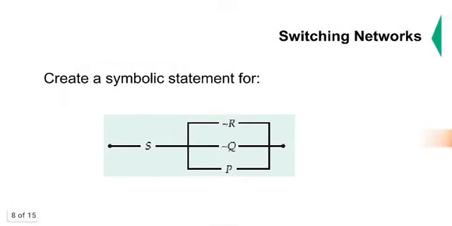Okay, let's have more. Let's transform this network into a symbolic statement. You can see here that you can take three different paths.